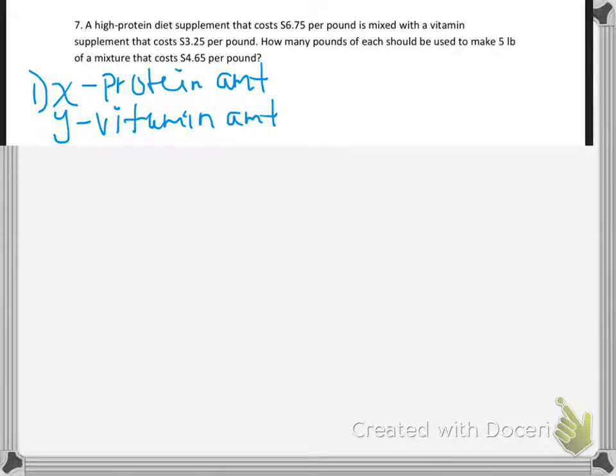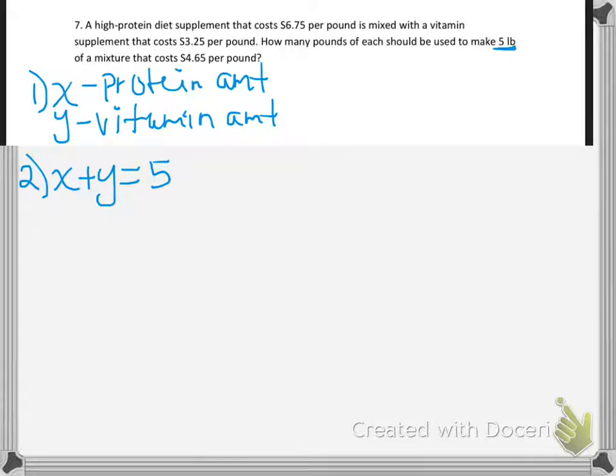This pen is not working very well. I apologize. And then my two equations are going to be one for the cost and one for the total. Oh, I must have copied the 5 from the first problem on this one. Sorry. So I don't know how much protein, I don't know how much vitamin supplement I need, but I know altogether I have 5 pounds.